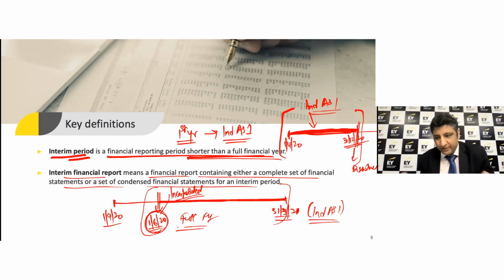It could be a shorter period than that, but that is not to be defined as an interim period. That's something you want to pick up purely as a concept. You need to understand this definition well. Again, you have a choice to prepare either a complete set or a condensed set of financial statements as far as the interim period is concerned.